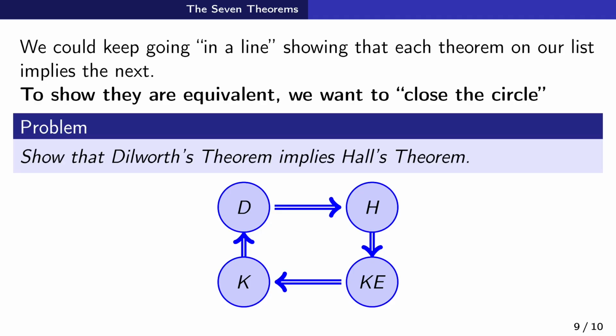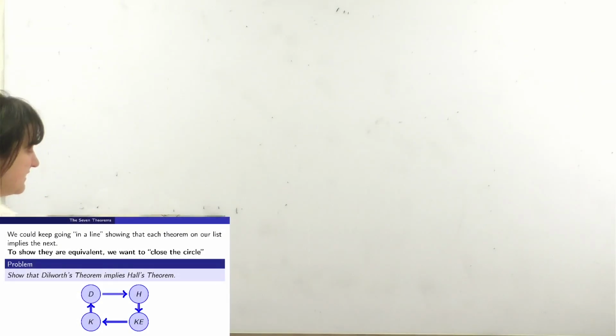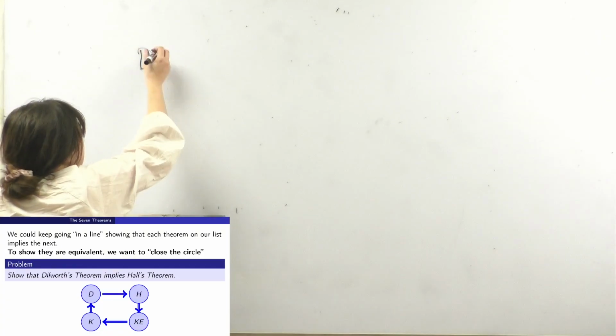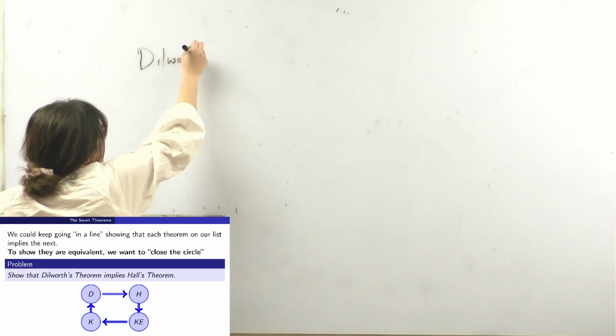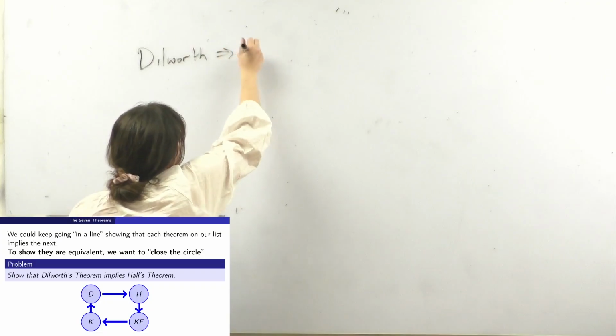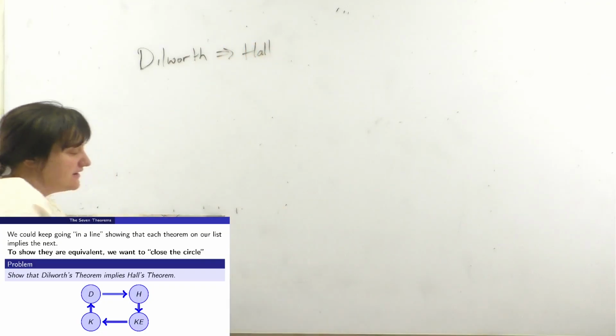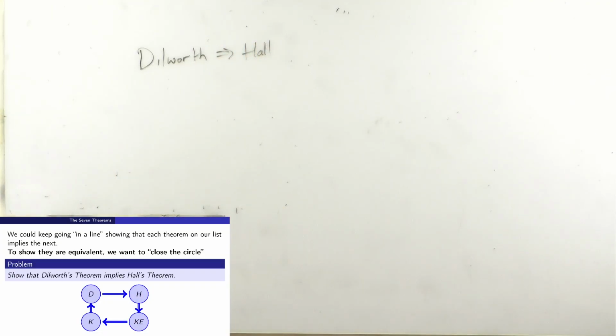So assuming Dilworth's theorem, let's show that Hall's theorem is true. We already know Hall's theorem is true. We want to show that you can show it with Dilworth's theorem. So the last thing to do is to say Dilworth implies Hall. And again, if we're not pedantic about details, I think that this goes fairly quickly.